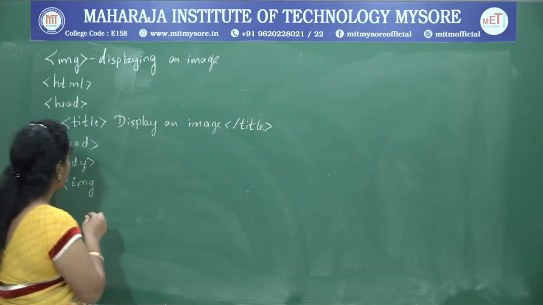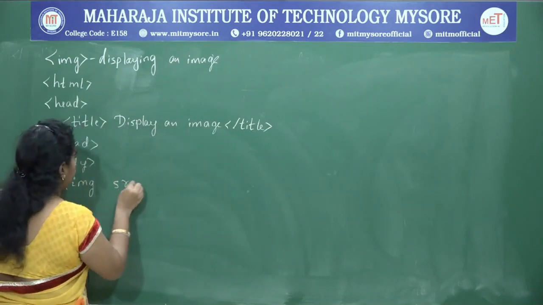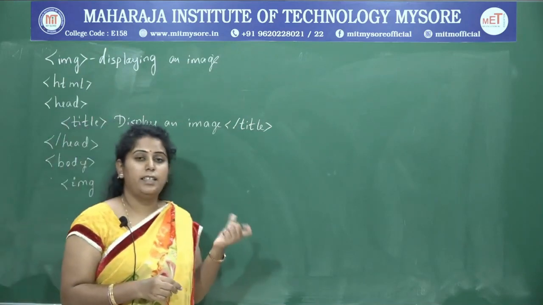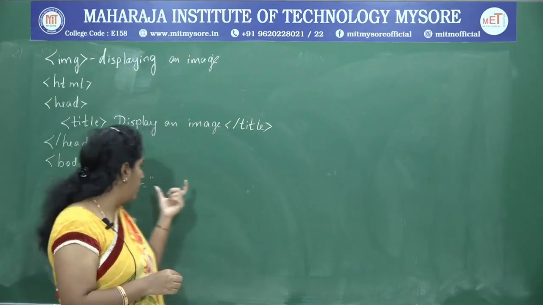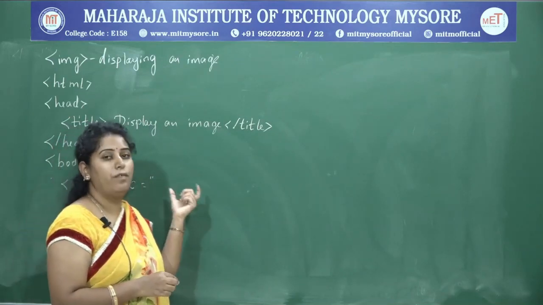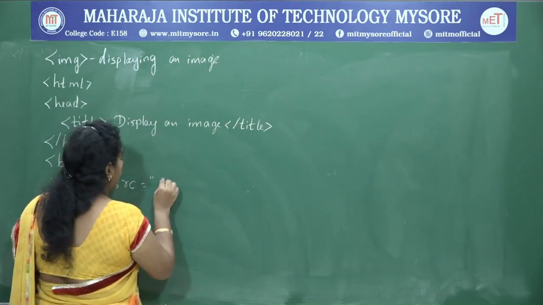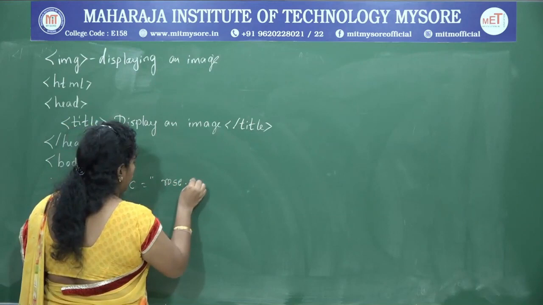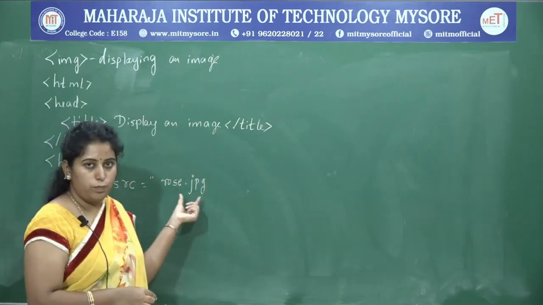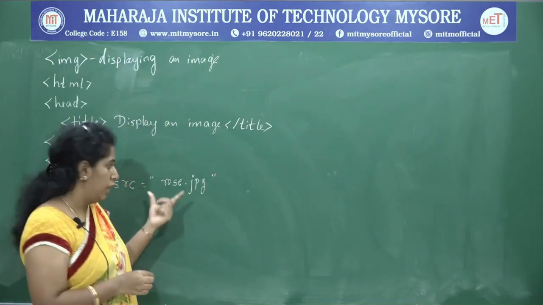This tag consists of two attributes, that is source. The source attribute represents where exactly that image is located. The image file name or the path where that image is stored needs to be provided. For example, I am printing this image, rose, so I need to pass that as the source.